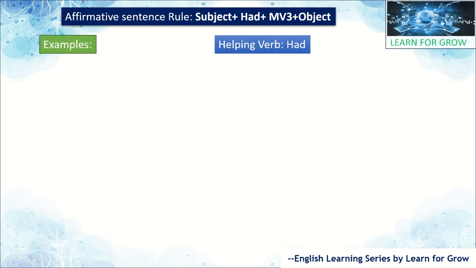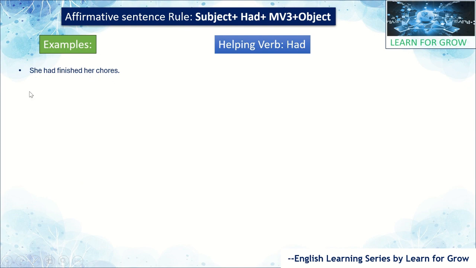Through examples we are going to understand the rule of the affirmative sentence. Let's have attention guys. First example, she had finished her chores. Chores means homework, right?